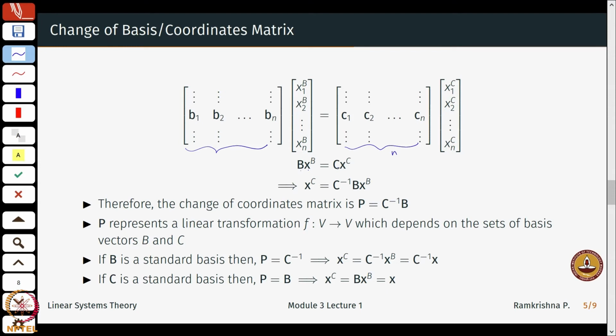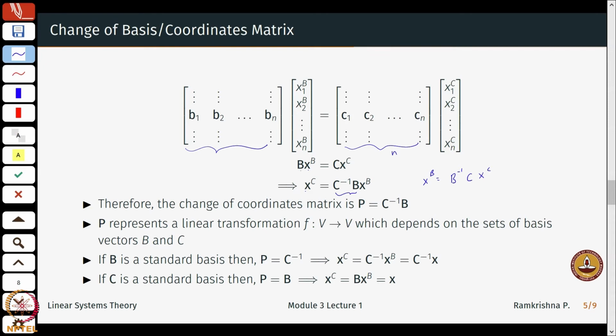So, I can interchange terms and write xc as C inverse B times xb, or I can also do the reverse. I can also write xb as B inverse C xc. So, what does this answer for me?